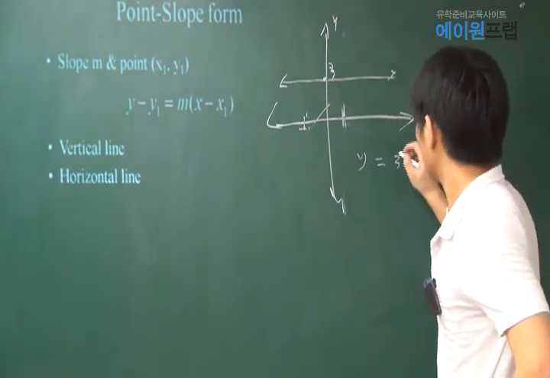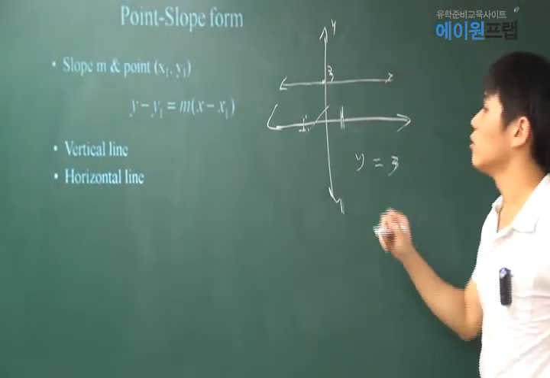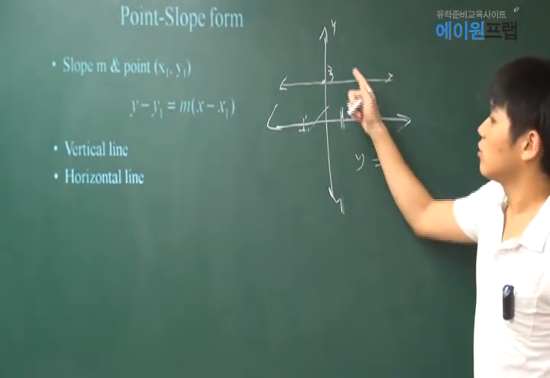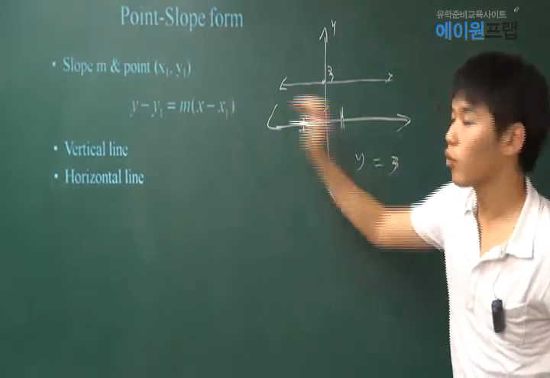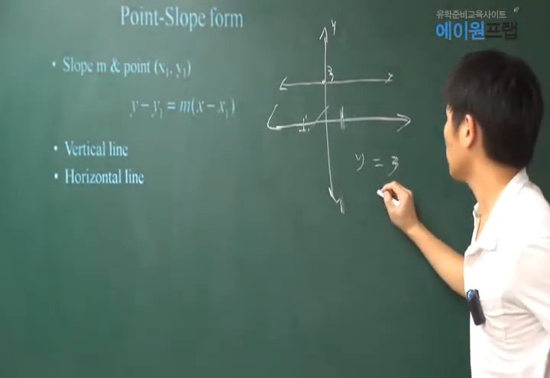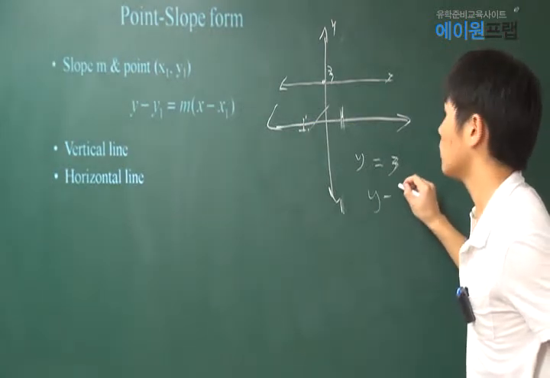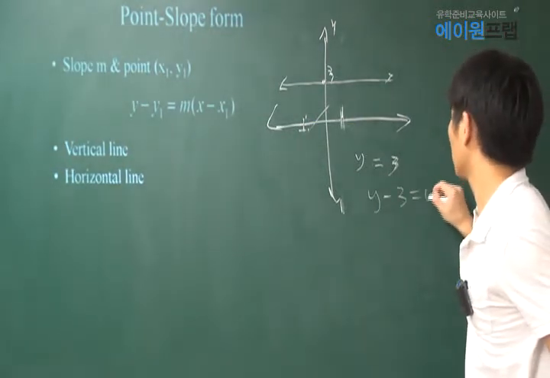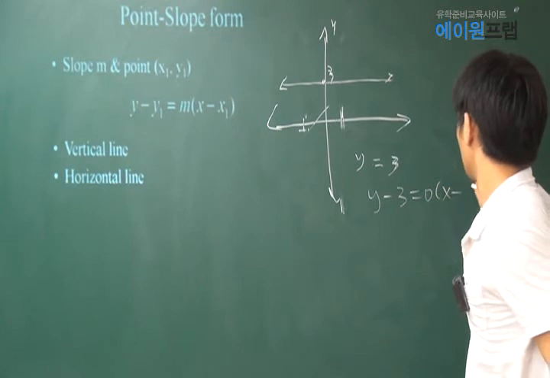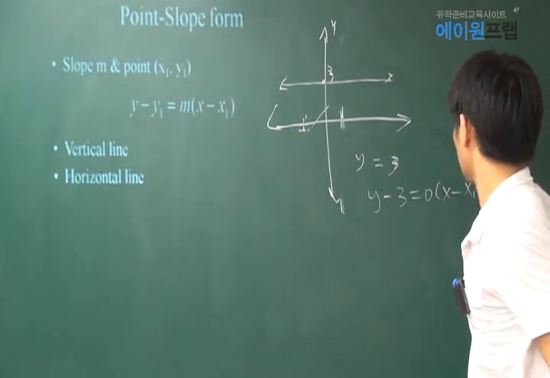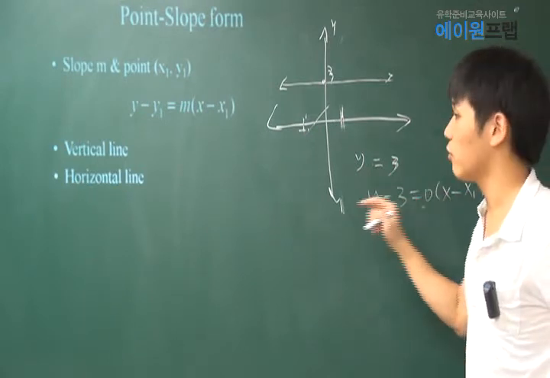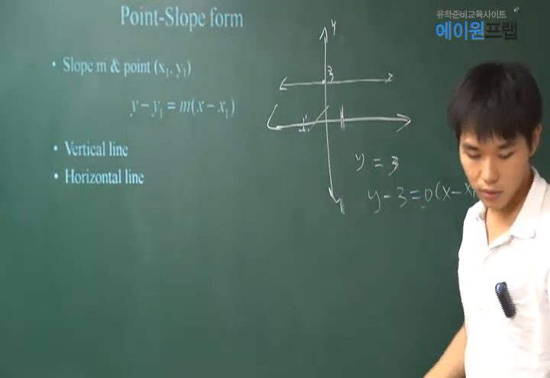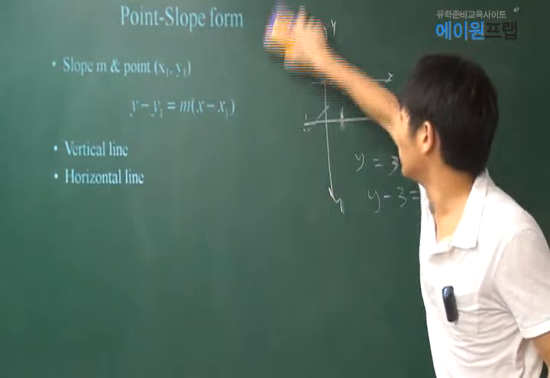Okay? So the line here has a slope of 0, so we can see that it correlates with this equation. So if you actually write this in point slope form, regardless of this, see how this becomes 0, so we end up with y equals 3 for the horizontal line. Okay, so let me move on.